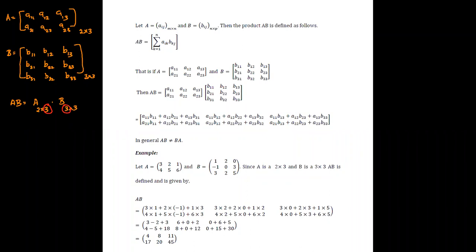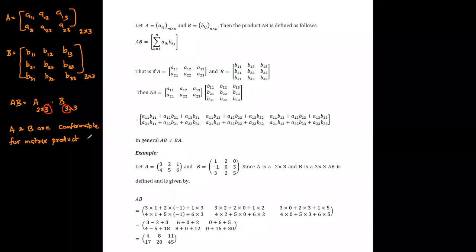Therefore, we can say that A and B are conformable for matrix product or matrix multiplication AB. Since the matrices are conformable for matrix product, now we can go for the calculation.